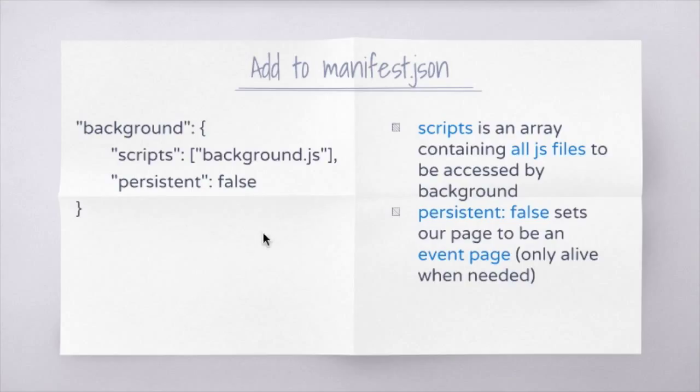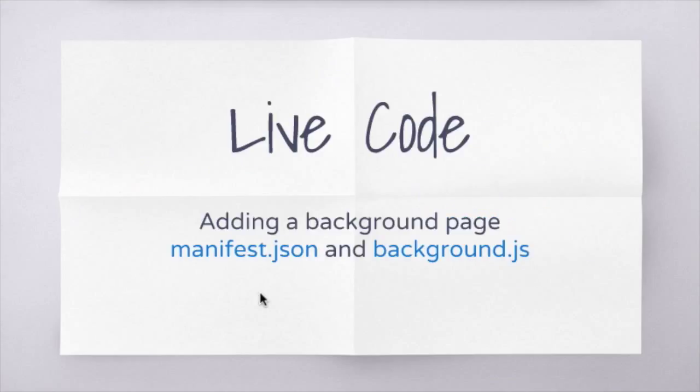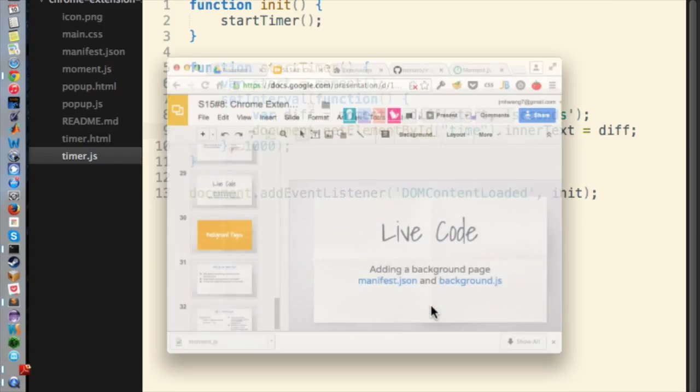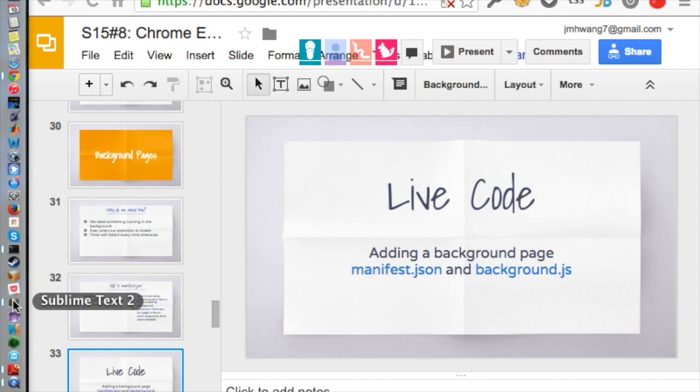So for the most part, unless you really need that background page to be running forever, set this to false. It's just good developer practice to not use up more resources than you need to. And scripts is again an array because you might want to have more than one JavaScript file loaded into your background page. So we're going to create a background page.